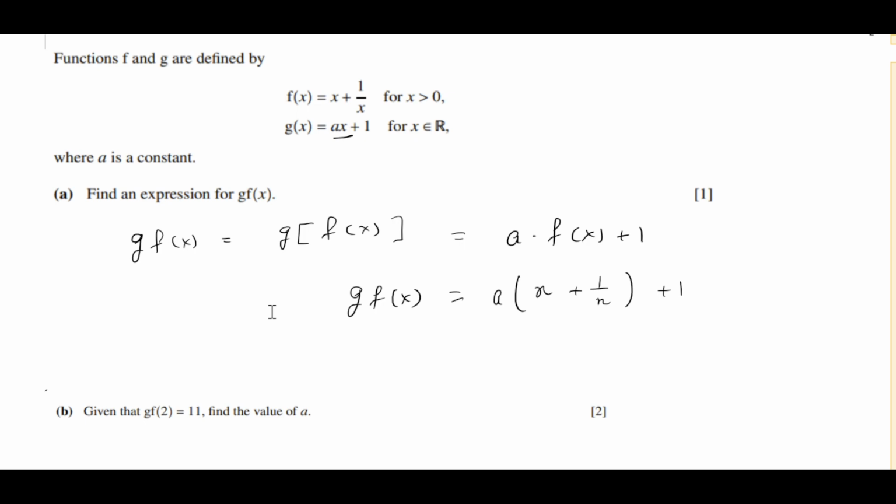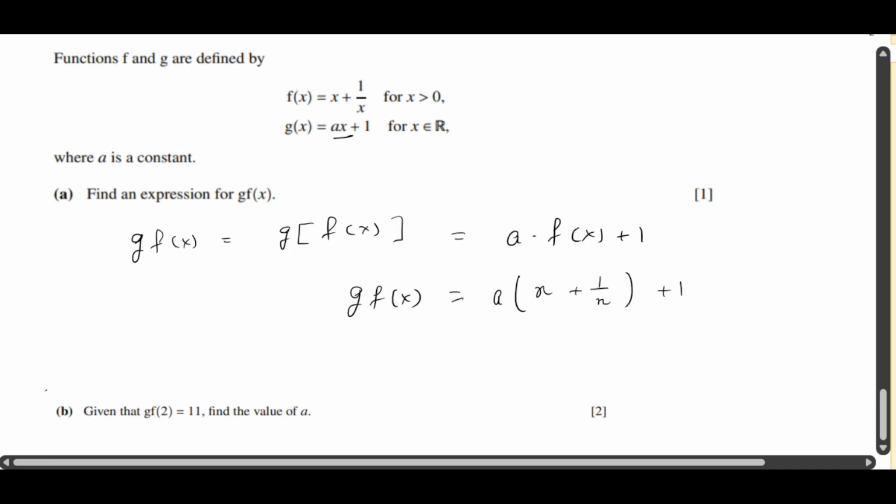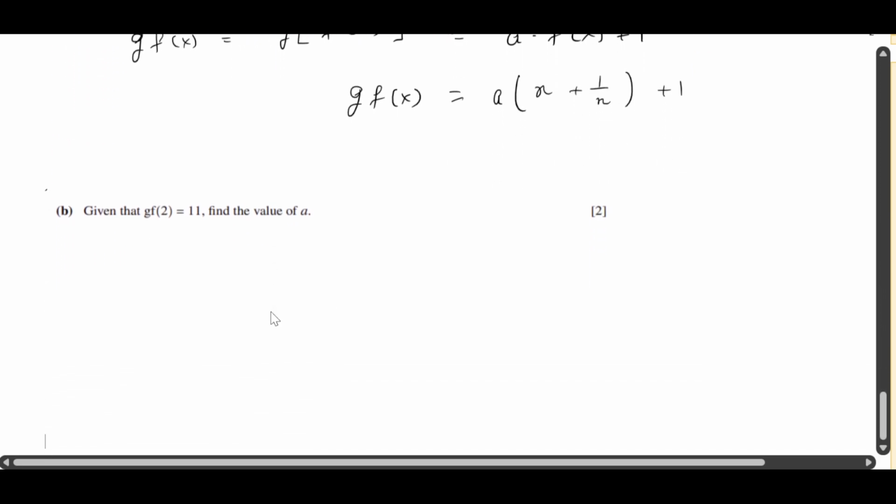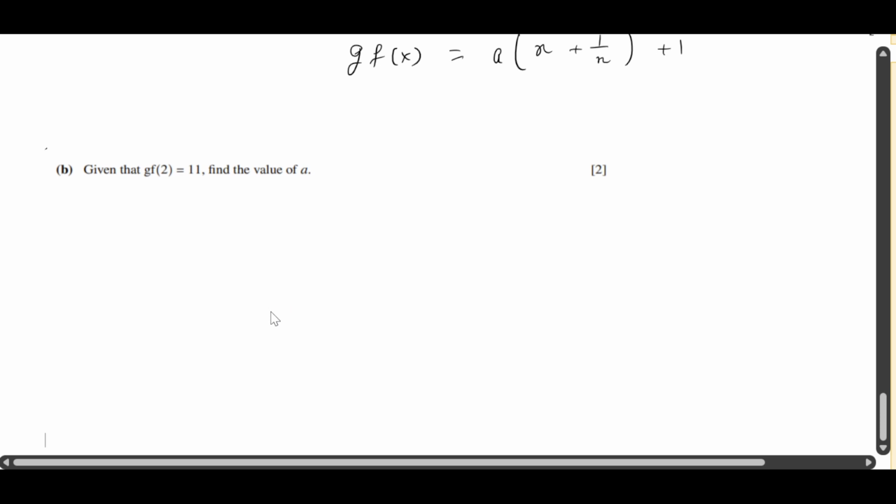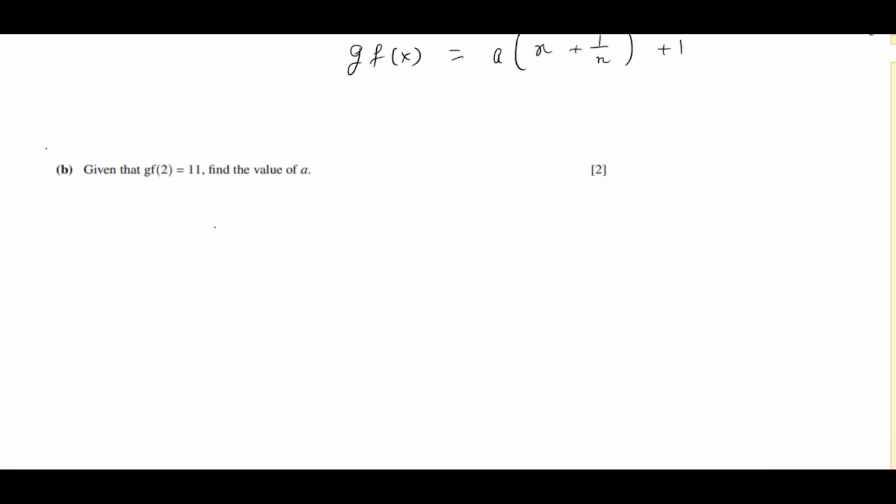Done. a equal to 4. Yeah, wonderful. So what we do, simply here g(f(x)) we replace by 11. So you have 11 is equal to, on the right hand side, x is replaced by 2, so a times (2+1)/(2+1).